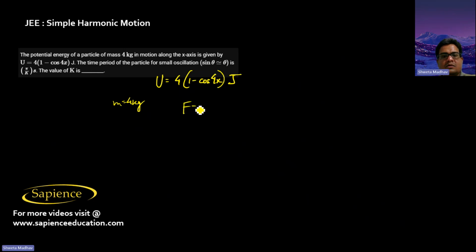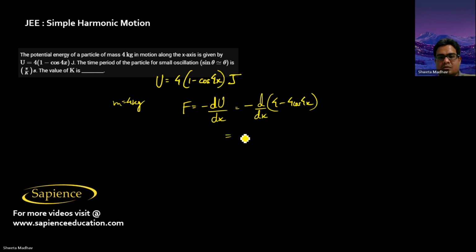As we know, force is equal to minus dU by dx. So this will be minus d by dx of 4 minus 4 cos 4x, which is equal to minus 4 sine 4x into 4, that is minus 16 sine 4x.